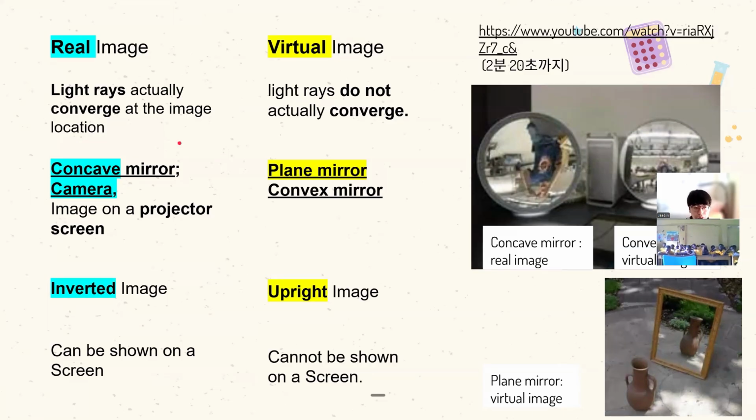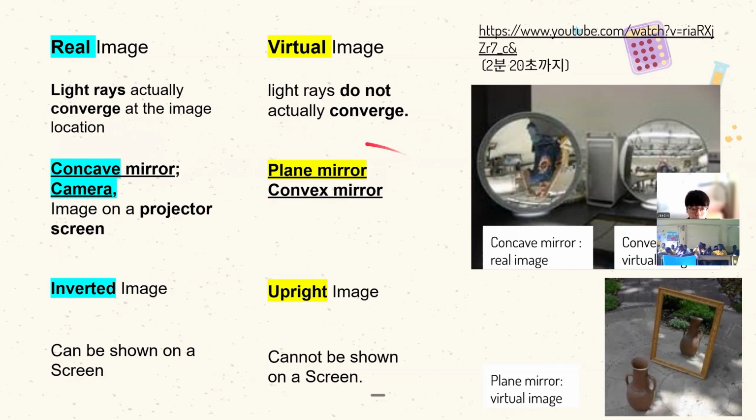In a real image, light rays actually converge at the image location, but in a virtual image, light rays do not actually converge. A real image happens with concave mirrors or things like a camera or an image on a projector screen.